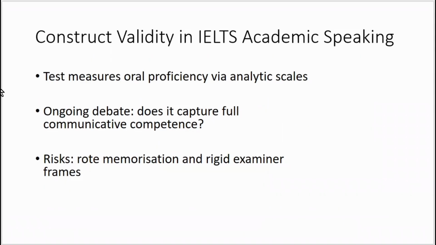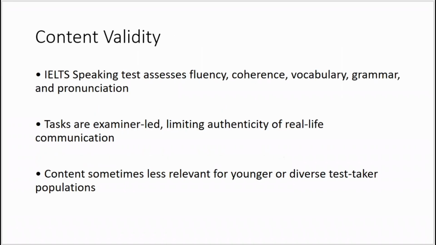Construct validity in IELTS academic speaking means that the speaking test evaluates candidates using specific scoring criteria, often broken down into separate categories, for example, fluency, pronunciation, grammar and vocabulary. Each area is rated individually, which helps the examiner focus on different aspects of oral proficiency rather than giving just one overall score.